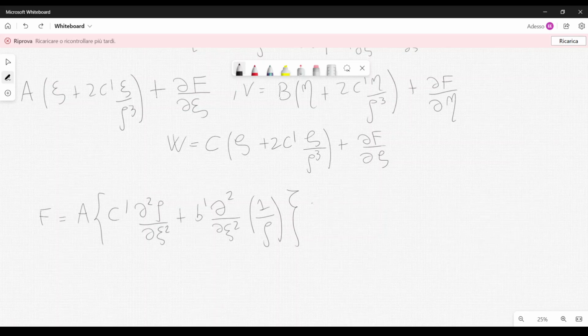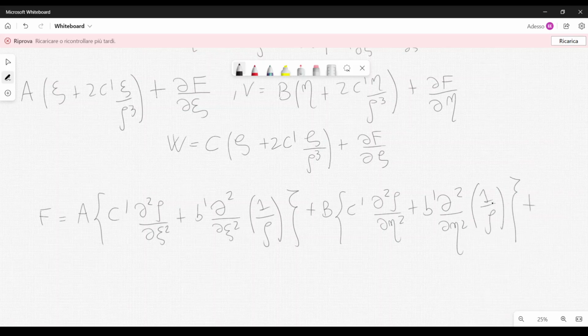I have plus b times c prime d squared rho d eta squared plus b prime d squared over d eta squared of 1 over rho plus c prime d squared rho d zeta squared plus b prime d squared d zeta squared 1 over rho, like this. And so this is the functional form of f.